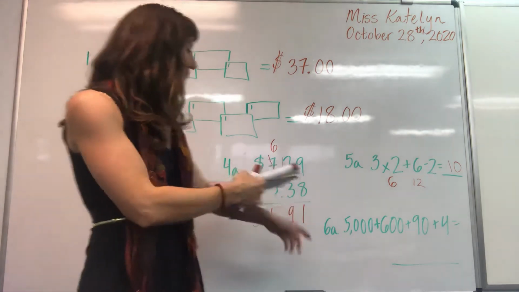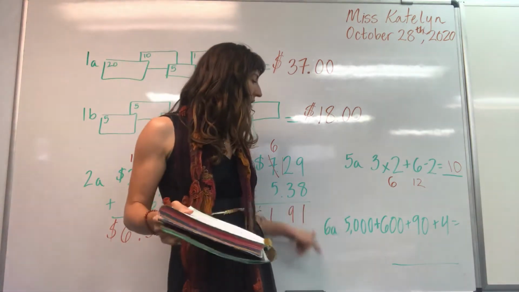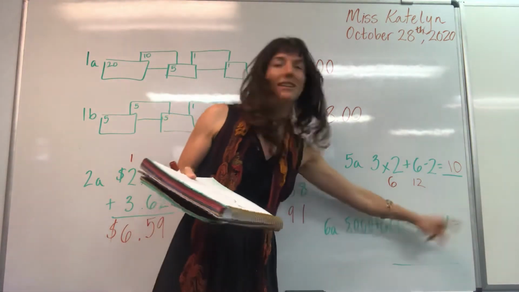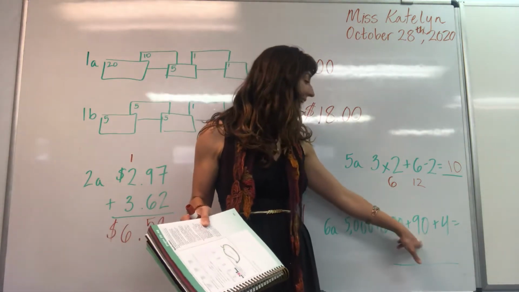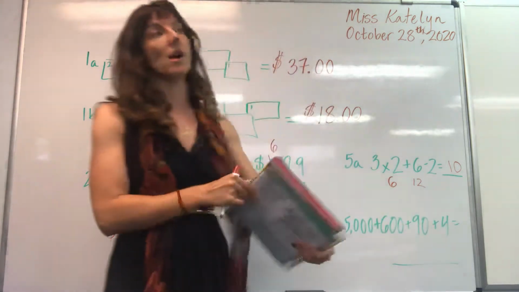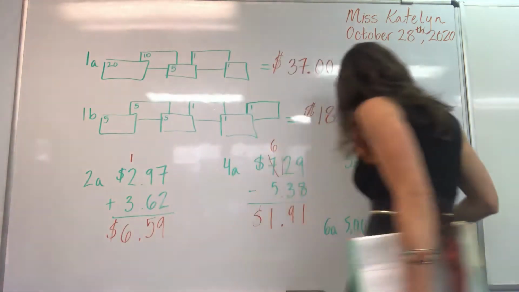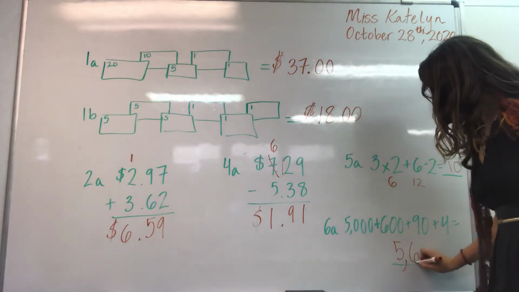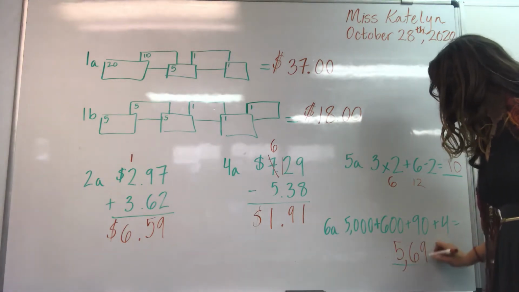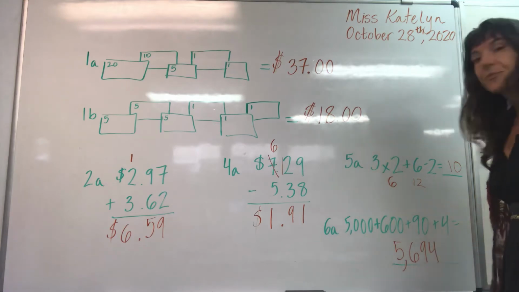All right, here we go. In section 6, they want you to write this number. This is 5,000 plus 600 plus 90 plus 4. Well, okay. 5,694.